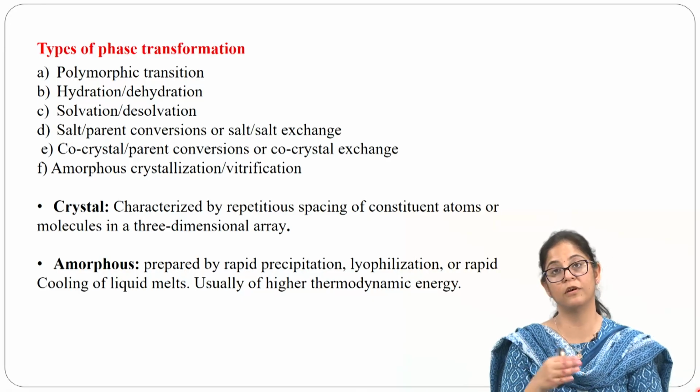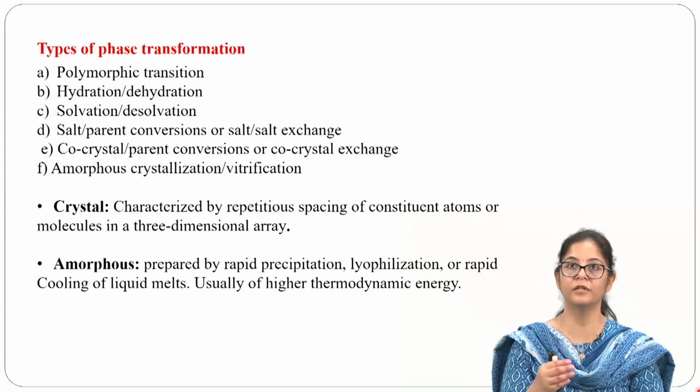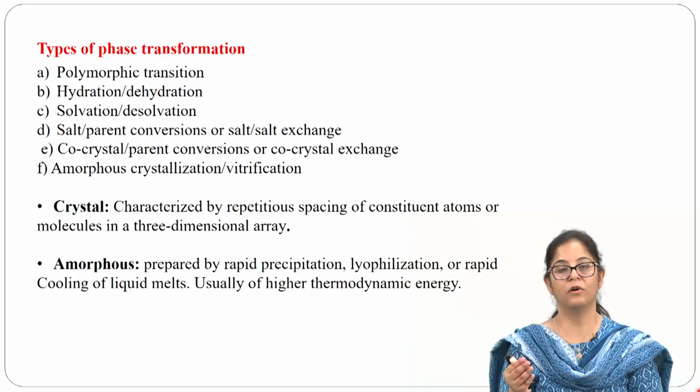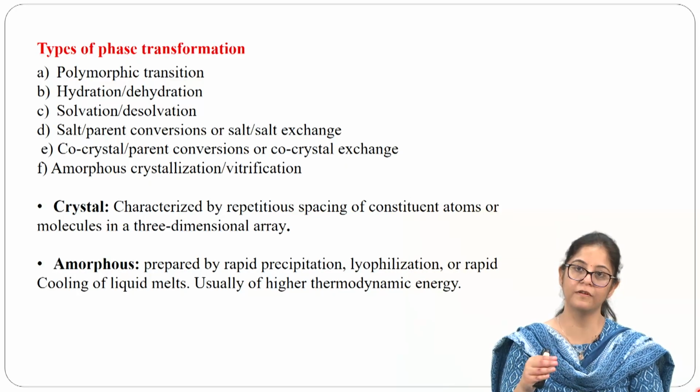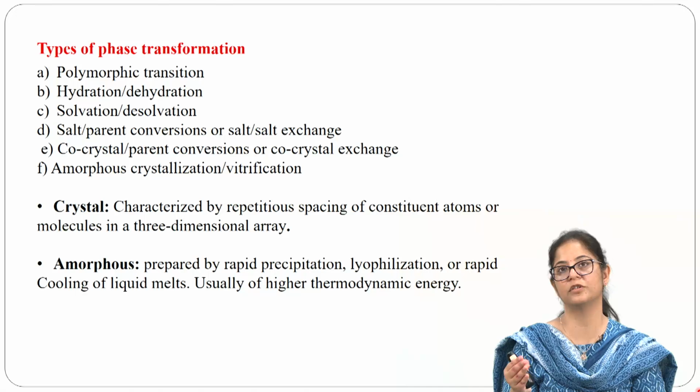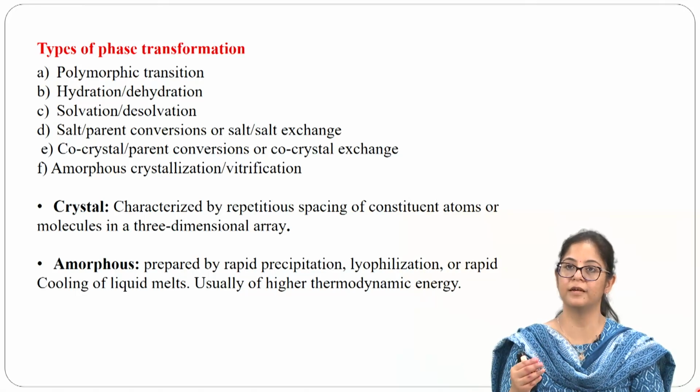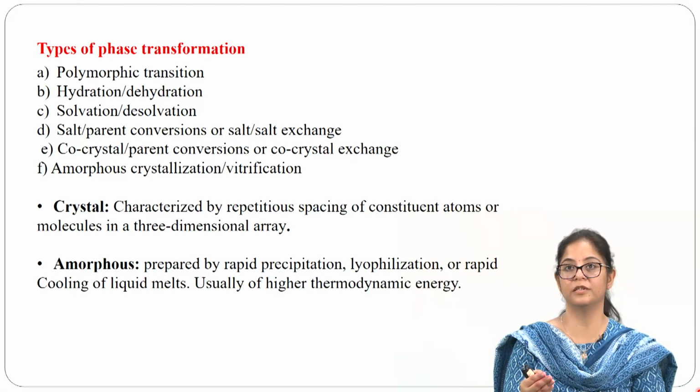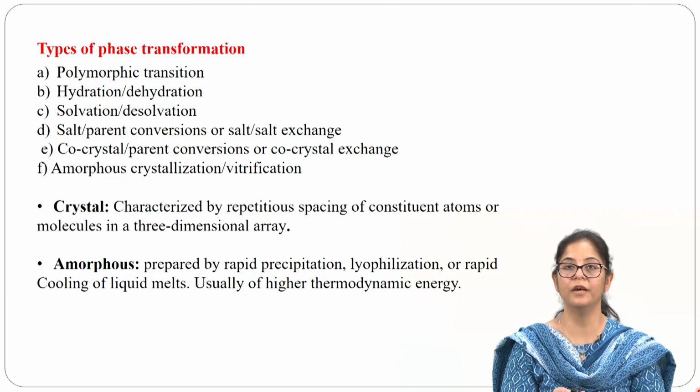So, salt-salt conversion is there, co-crystal to parent conversion or co-crystal exchange, amorphous crystallization to vitrification. So, with all these thermodynamic stability or destabilization of the molecules, there is a possibility of transition of the phases.